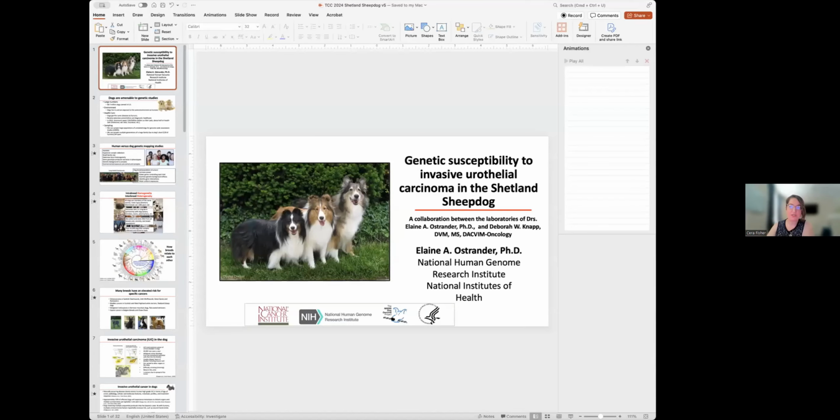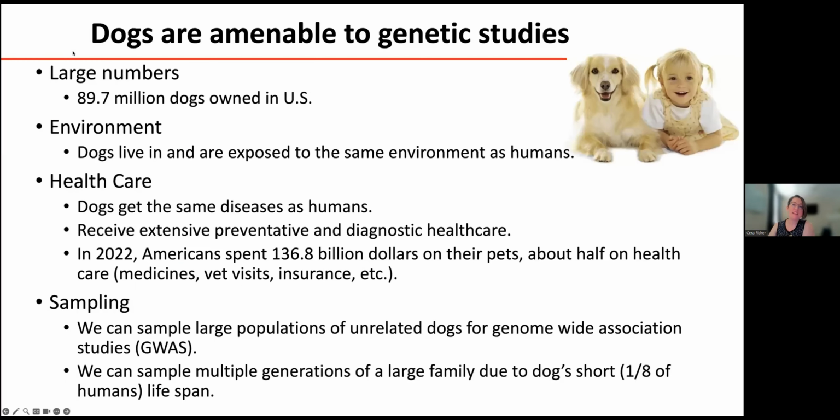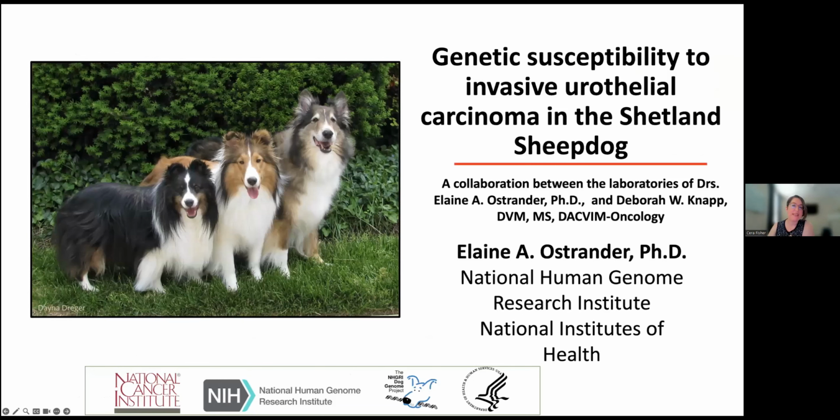It is my great pleasure to introduce Dr. Elaine Ostrander. She is the Chief and Distinguished Senior Investigator and Head of the Section on Comparative Genetics at the National Human Genome Research Institute at the NIH. Dr. Ostrander's laboratory studies the canine genome and its utility as a system for informing human health and biology. Underlying her work are extensive worldwide studies of canine population structure.